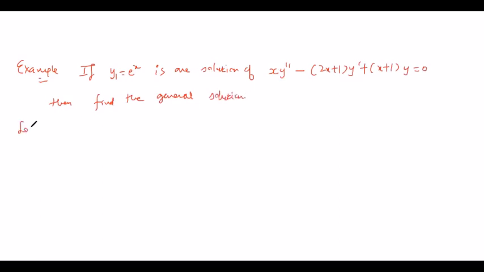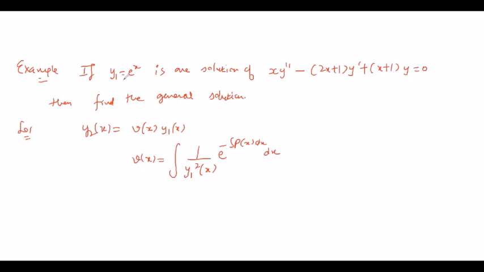So again, breaking it down into steps. To find the general solution, we need to have y2. So according to the above result which I just stated, y2 will be v times y1. v is not a constant, remember. v is another function. v(x) is the integral of 1 over y1 square, e raised to power minus integral of p(x) dx, dx.